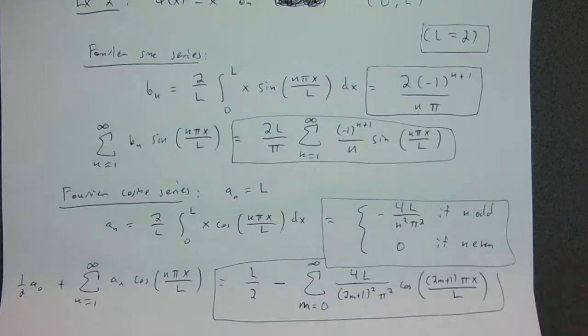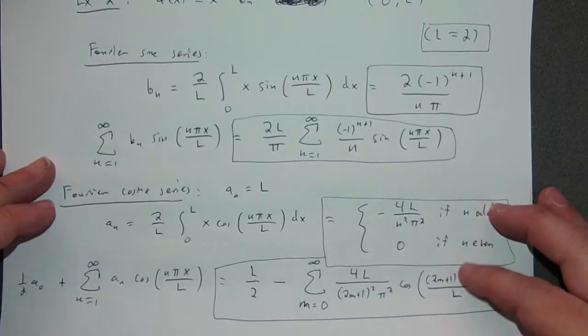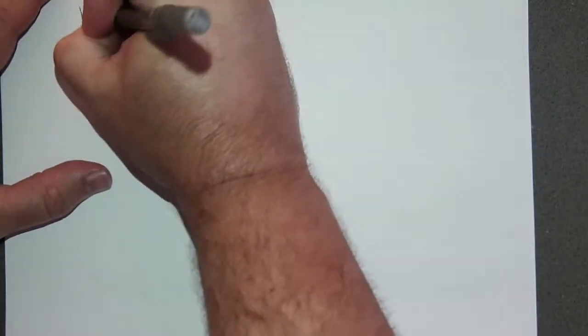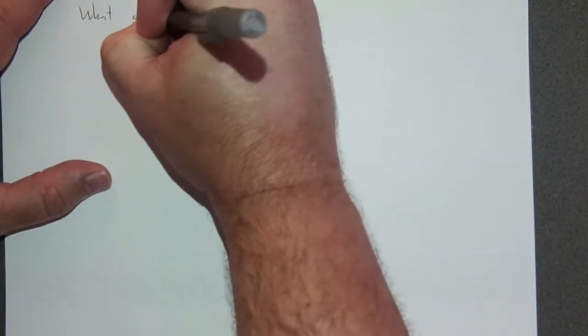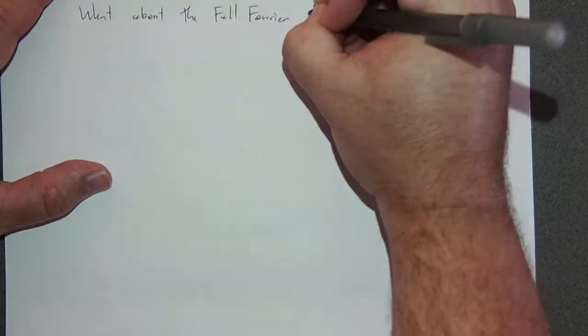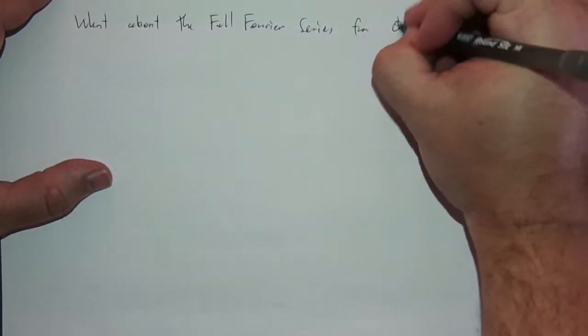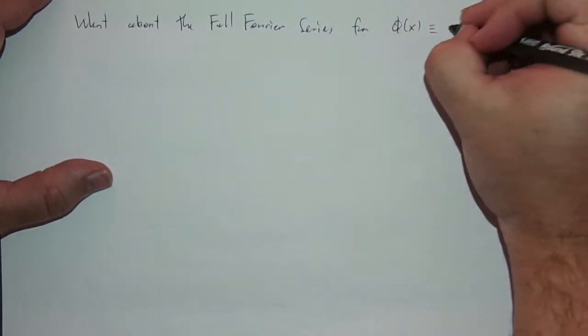Now, what about the full Fourier series? So what about the full Fourier series for v of x equals x?